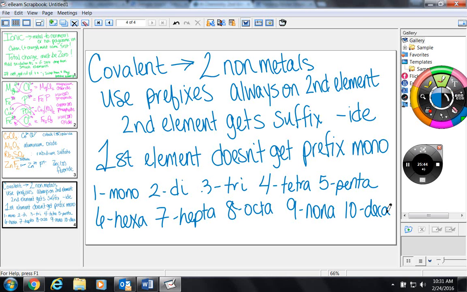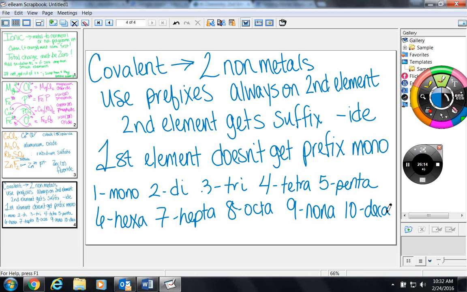Okay. Now, here's the trick. Polyatomic ions are made covalently. They're made out of covalent elements, two non-metal elements. But they have enough electrons to have a charge, so they are ions. They are covalently bonded together, but have electrons to be ionically charged.